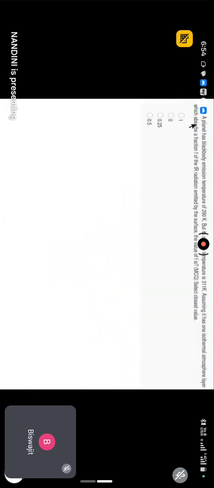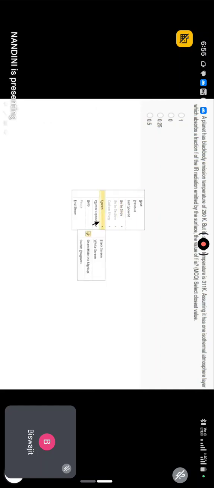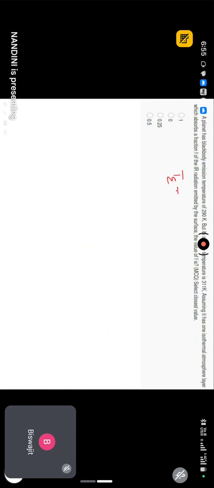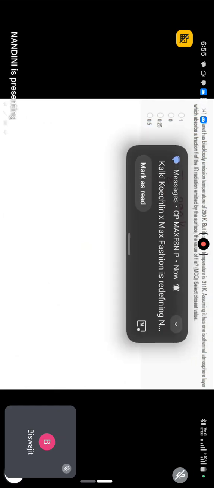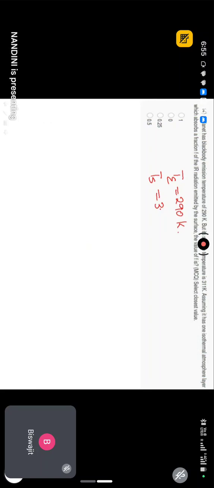Now let's try to solve this numerical. A planet has a black body emission temperature TE of 290 Kelvin, but its surface temperature TS is 311 Kelvin. Assuming it has one isothermal atmospheric layer which absorbs a fraction F of the infrared radiation emitted by the surface, what is the value of F?